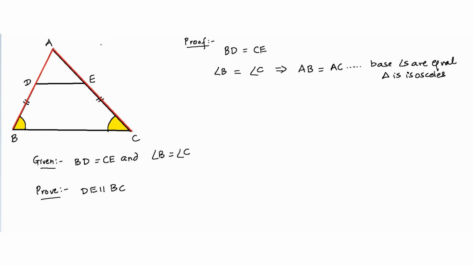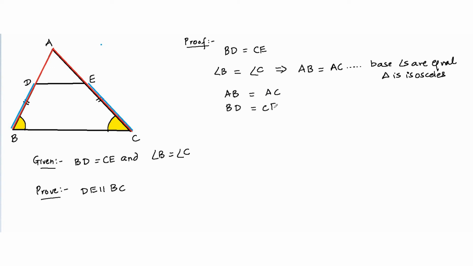And it is also given to me that the length of BD is equal to the length of CE. This is also given to me, right? And therefore I can subtract these two. I know that AB is equal to AC. I also know that BD is equal to CE.